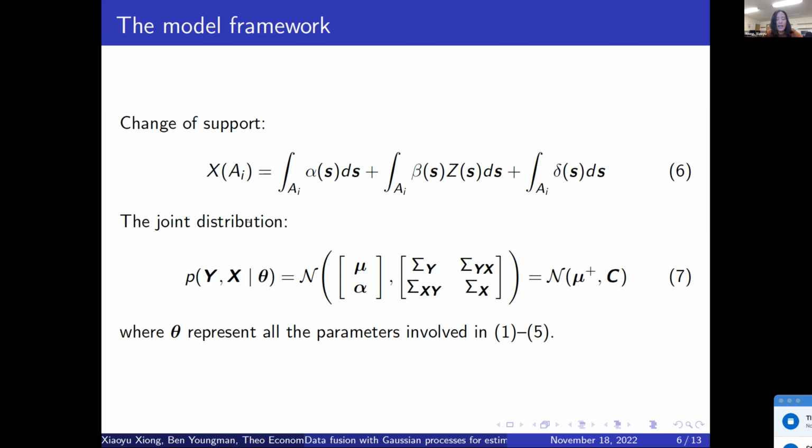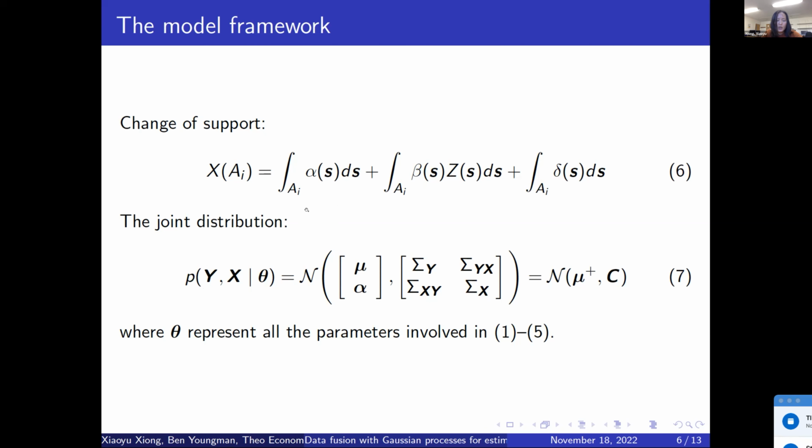So by integrating out this true process Z(s), the observational data Y and the model output X jointly follow another multivariate Gaussian distribution with this mean and covariance structure.